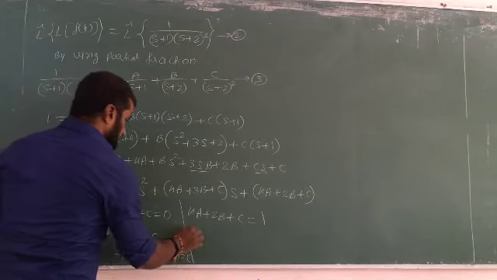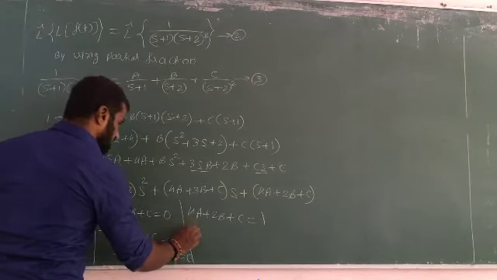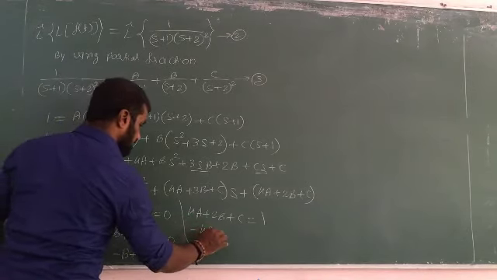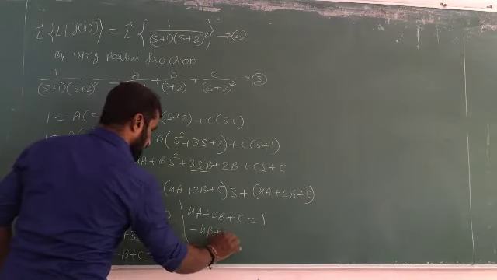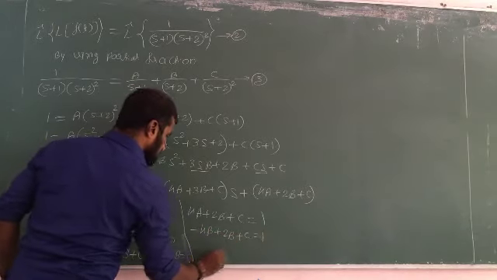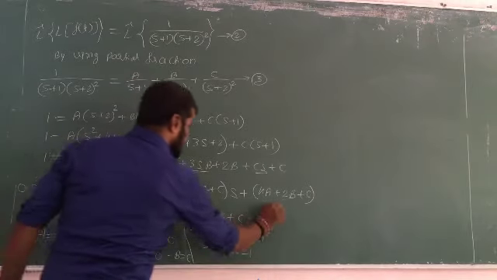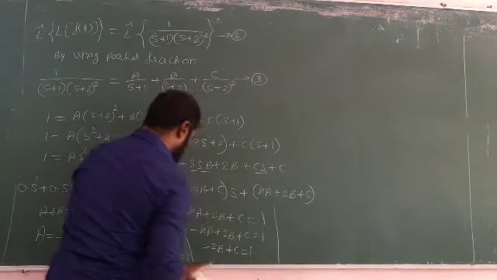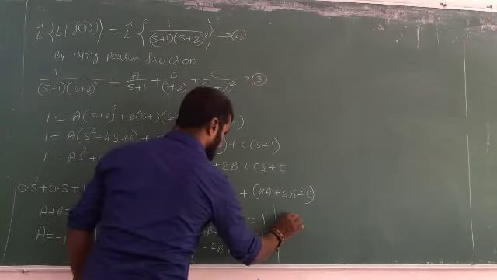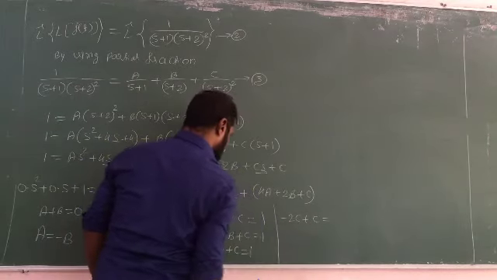So a, I put minus b here: minus of 4b plus 2b plus c is equal to 1. So minus of 2b plus c is equal to 1. So b, I substitute c: minus of 2c plus c is equal to 1.